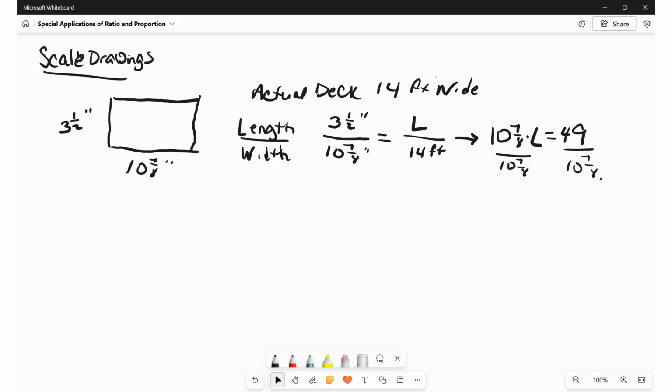And if you need help doing this with your calculator, just let me know what kind of calculator you have, and I'll be happy to help you know how to input this. So when we put this into our calculator, we have 49 divided by 10 and 7/8.